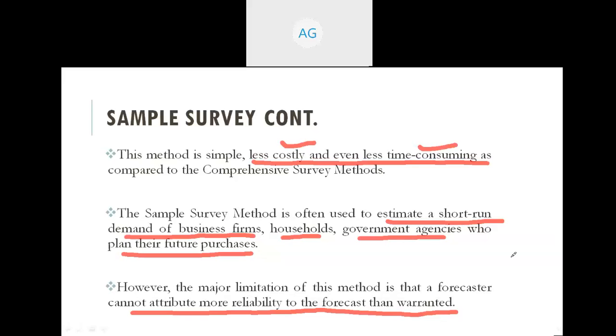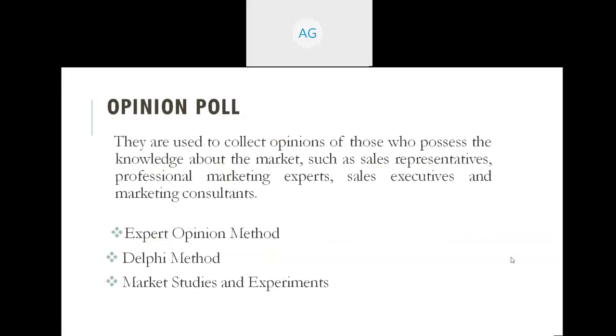So moving to the next slide. Now the next method of the survey method is the opinion poll method. So they are used to collect opinions of those who possess knowledge about the market, such as sales representatives, professional market experts, sales executives, and marketing consultants.